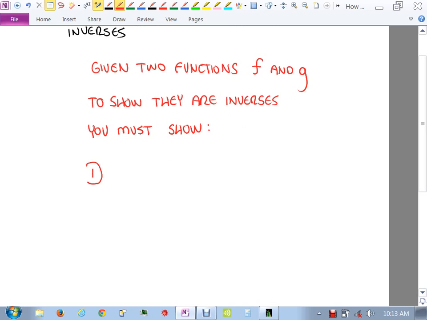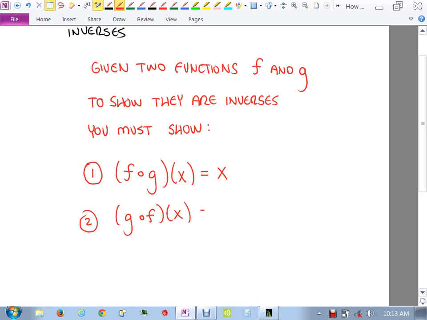One, f of g of x equals x. Two, g of f of x equals x. What is that? It's fog and Goff, right?